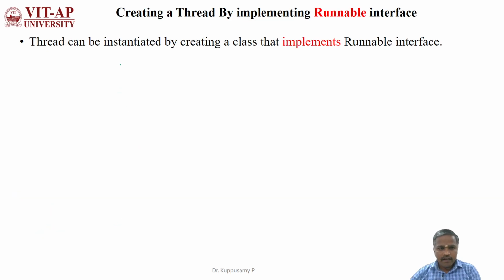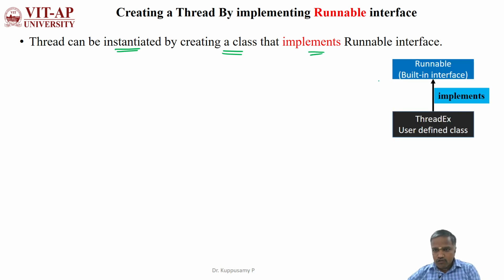Based upon that, here I am going to give the syntax to instantiate the thread by using a class that implements the Runnable interface. The visual representation is given by using a block diagram. Here the Runnable interface, a built-in interface, is implemented by ThreadEx, the user defined class.